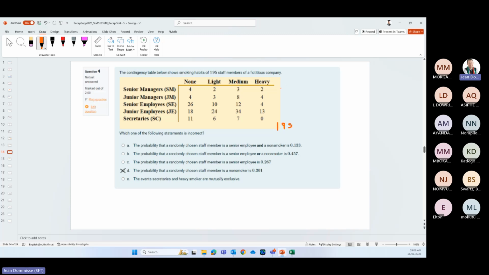They can ask what is the probability that a randomly picked person is a senior manager, or they can ask what's the probability of a senior manager being picked if they are light smokers. So they can go into that detail.